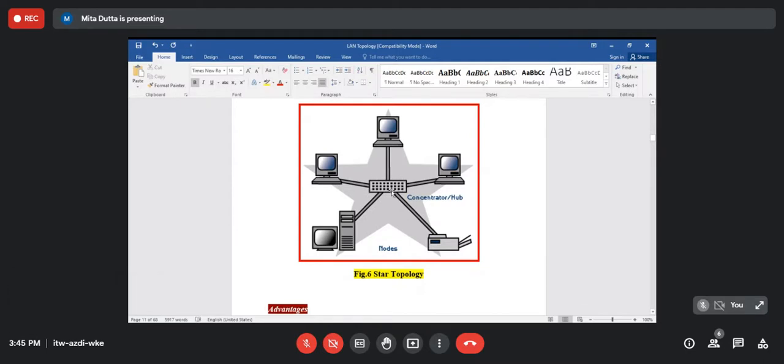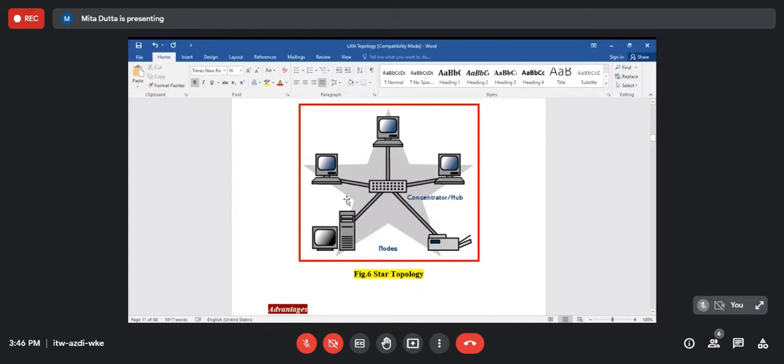Now here, if we want, we can connect more workstations easily, because if we want to connect more workstations in this configuration, we can connect them with the help of this. And also here the information transmission will be broadcast in nature.